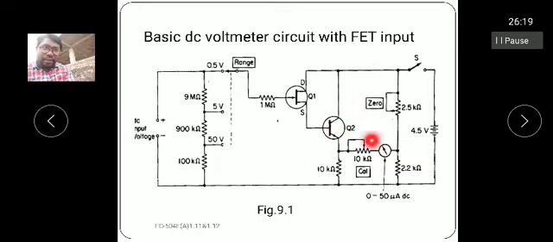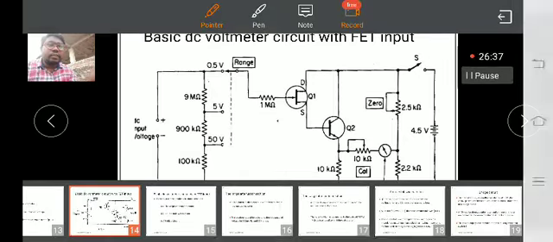Therefore, the microammeter connected across the points of the bridge shows the zero reading. This is zero adjustment.